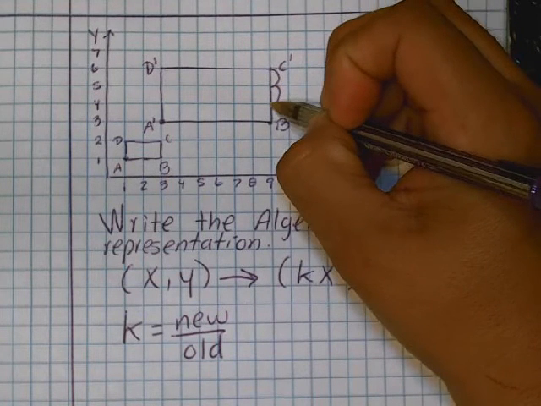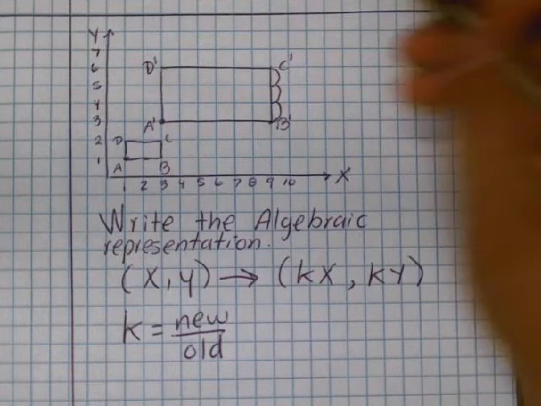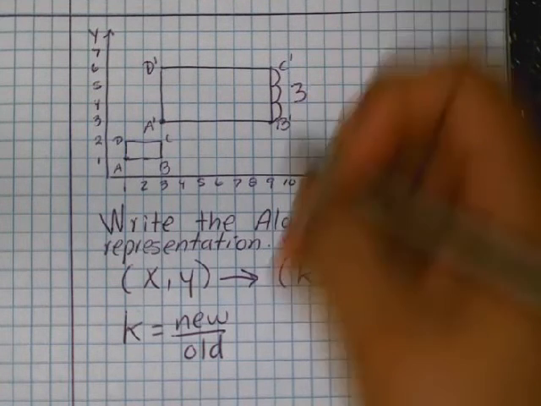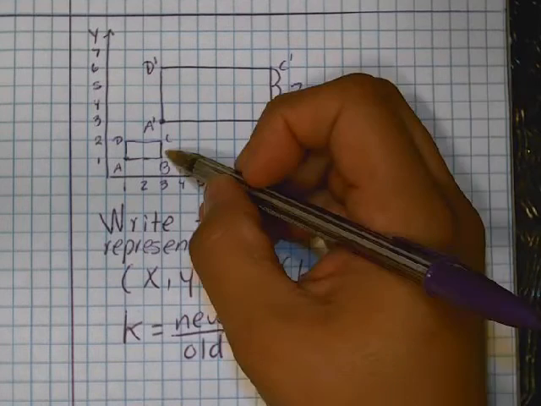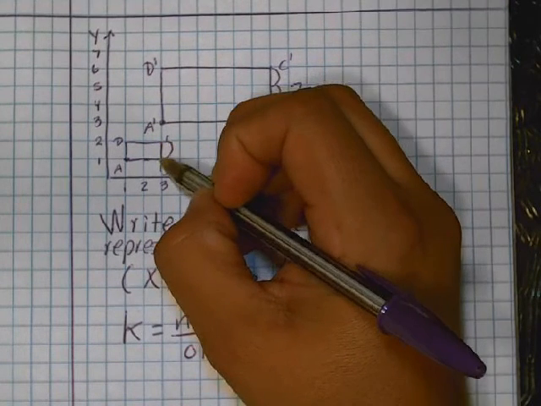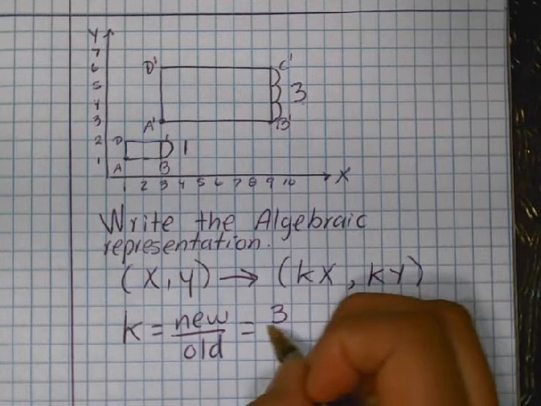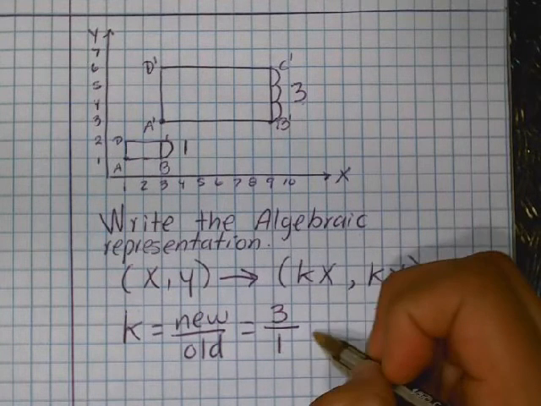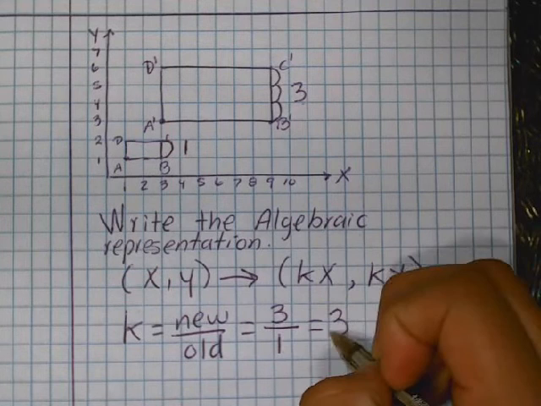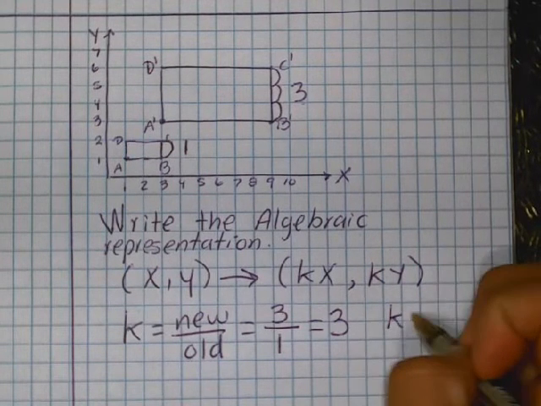So if this is the new one, I can pick any of the sides. I'm going to take this side, for example, and count. 1, 2, 3. So how much is the new? 3. And 3 corresponds to this one right here. How big is this one? 1. So 3 corresponds to 1. 3 divided by 1 equals 3.